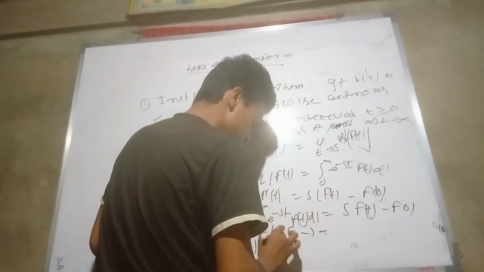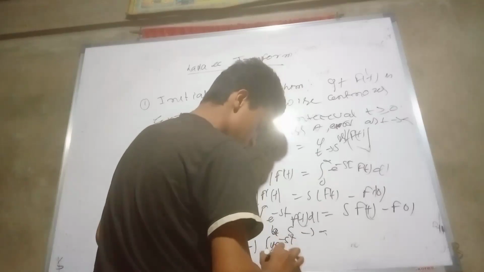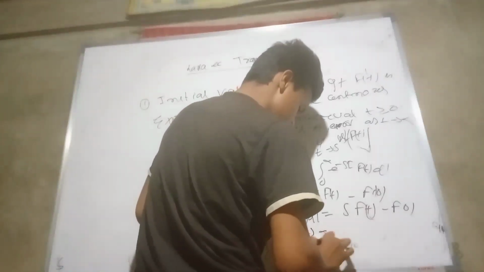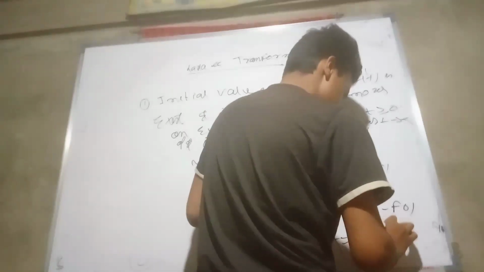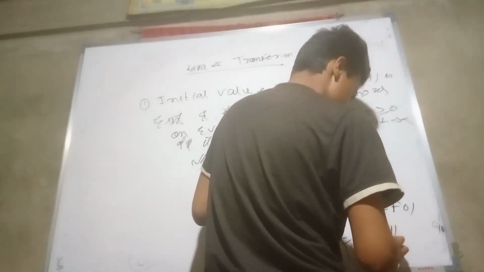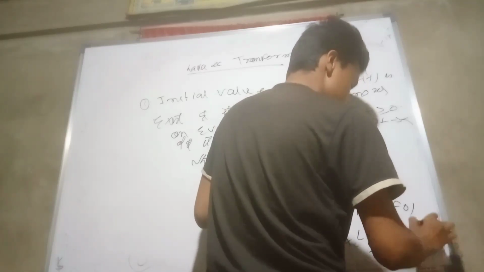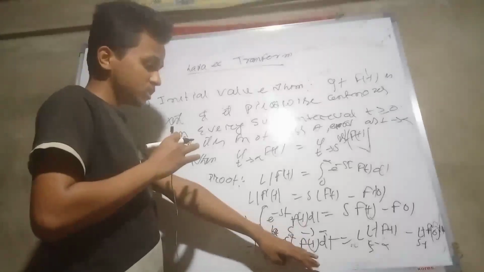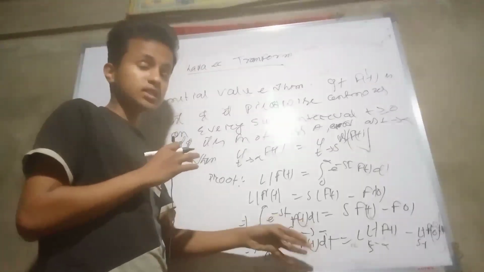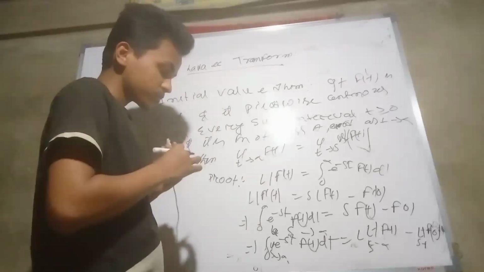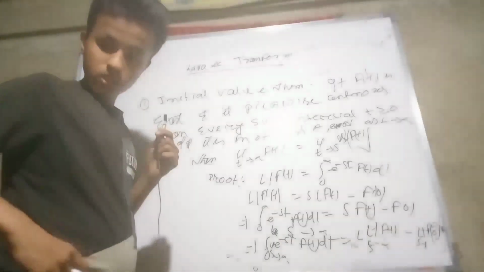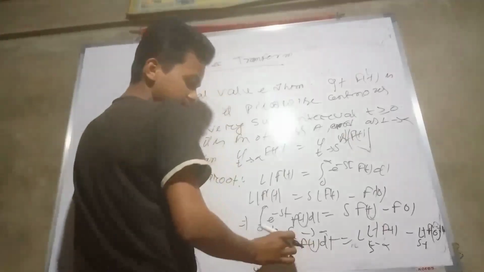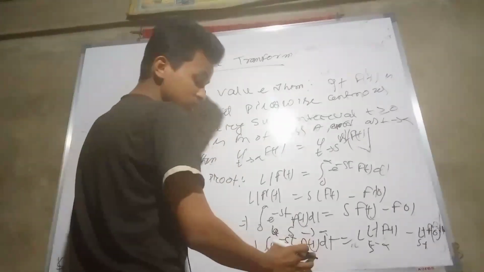So we get the limit of the integral from 0 to infinity of e^(-st) f'(t) dt equal to the limit of s L{f(t)} minus f(0). Since s tends to infinity, this integral will go to 0, because it is a function of exponential order, and when we find the limit of the function, you will easily find it will give us 0.